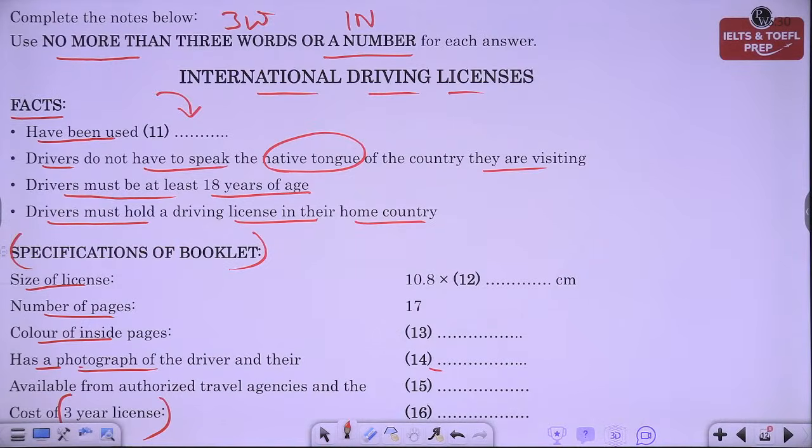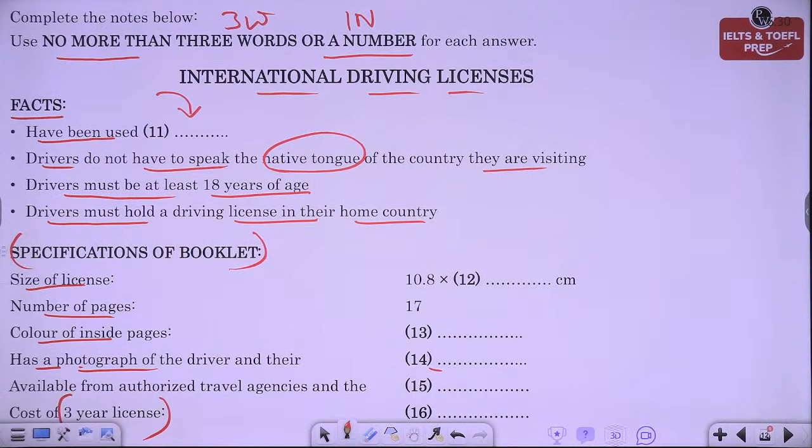So it is easy to carry with your travel documents. It's not too thick or heavy either, only 17 pages. All of the pages are coloured white, but the cover of the licence is grey. It is a useful form of identification when you travel because it includes a passport-sized photograph and the driver's signature.